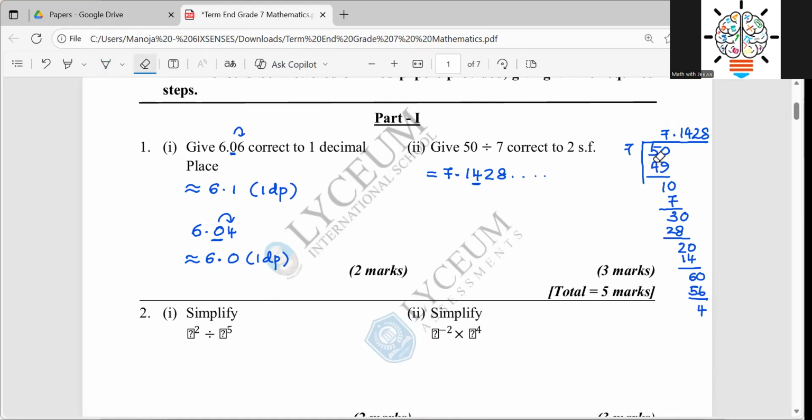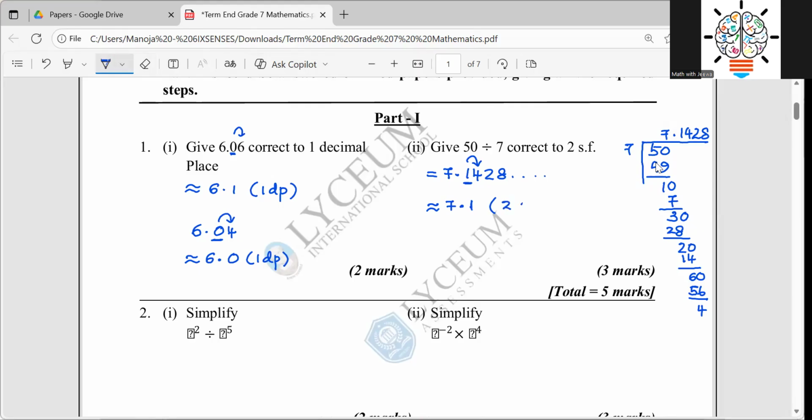So what is the second significant figure here, children? The second significant figure is this, right? And you look at the next number, right? The next number is less than 5. Therefore, I can write 7.1. Inside the bracket, I write 2 SF. Hope it is clear, right?